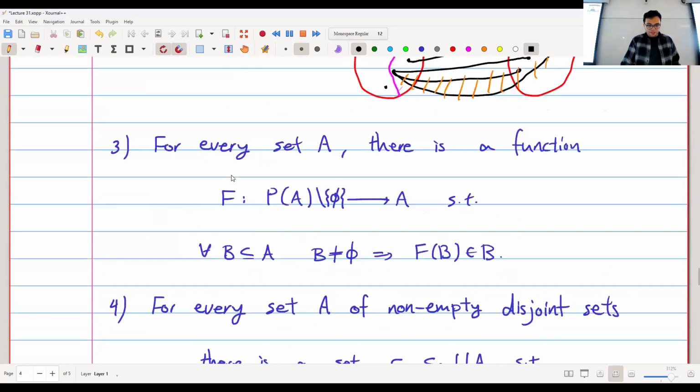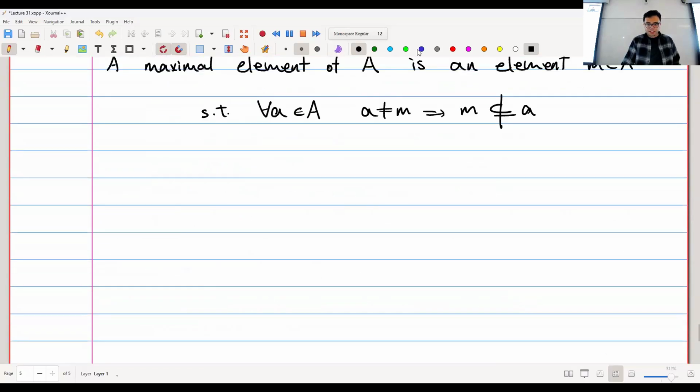So finally, the fifth way of writing the axiom of choice is something that is known as Zorn's lemma. But this is also another way of just saying the axiom of choice. All of these are equivalent.